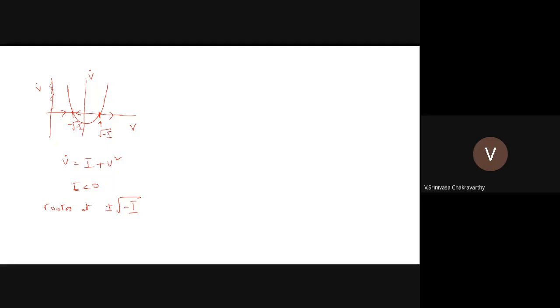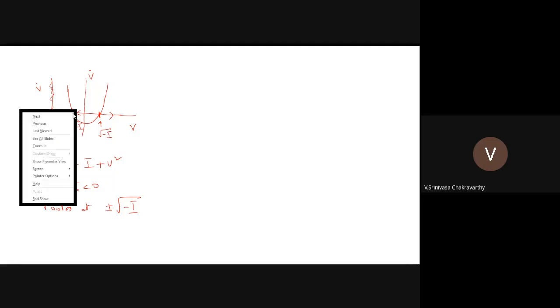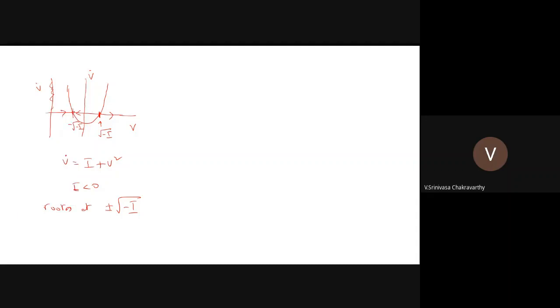Beyond this, it will increase. So this is like a stable point, and in fact this is a resting state. But if for whatever reason you kick V beyond this point, it will go off to infinity. If there's nothing that stops it, it will go off to infinity.